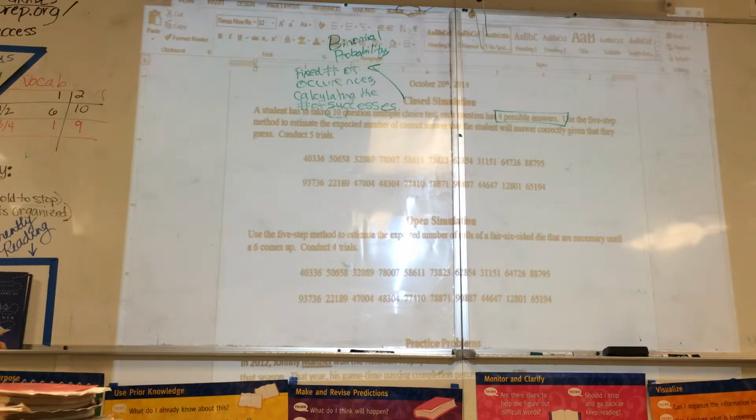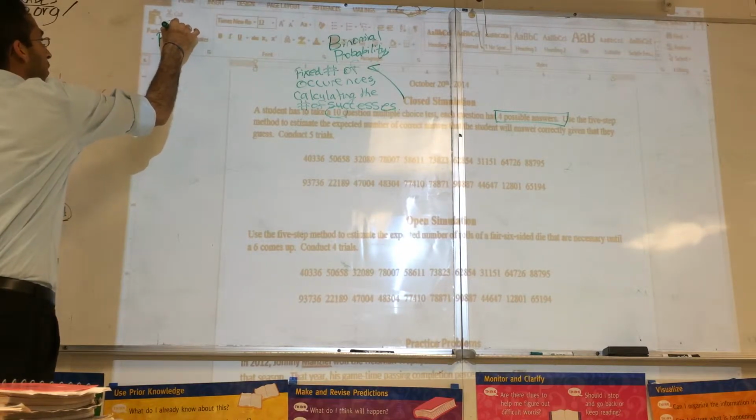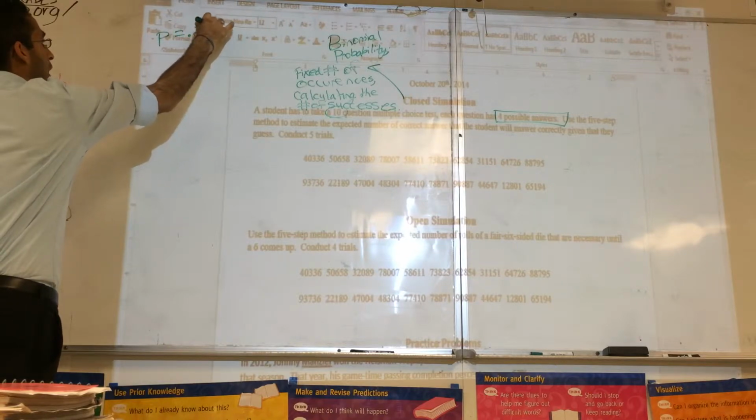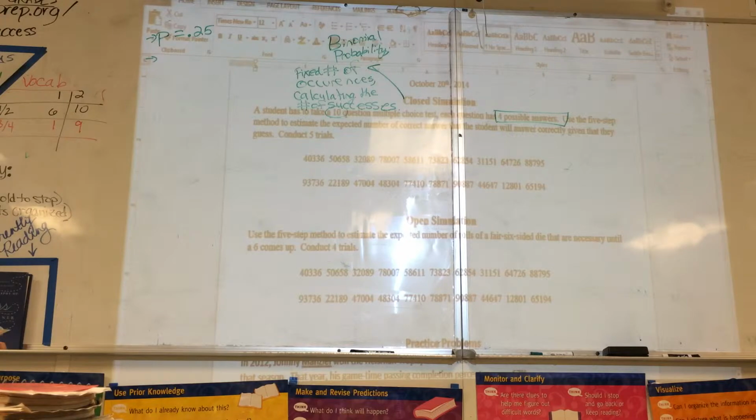If there are 4 answer choices, and I'm completely guessing, what is the probability I get the answer right? So the probability of success is 0.25.